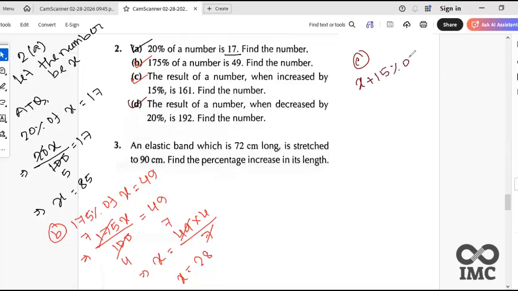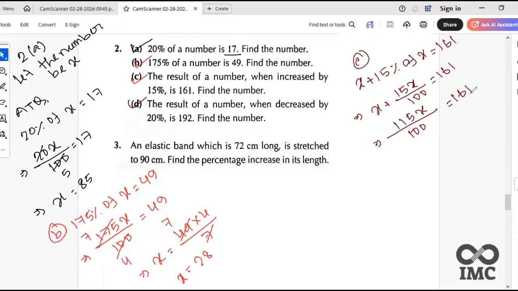So x is the original value, 15% of x is the increased value, equal to 161. Now solve. x plus 15% means x plus 15x by 100 equal to 161. Now 100 is our LCM. So we can say 100 plus 15, 115x equal to 161.